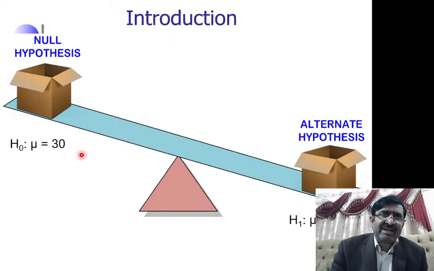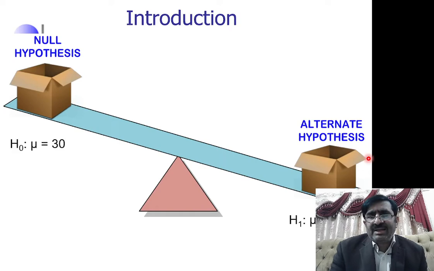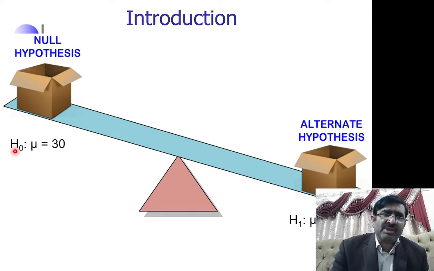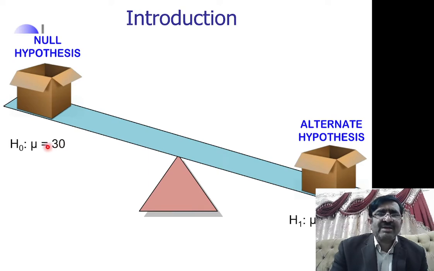Now remember that the null and alternate hypotheses are generally represented by H0 and H1. In H0, you can see these boxes are just samples. From these samples, we will say, for example, that your average is coming to 30. It's the population average actually, and we take some sample and its average comes out exactly 30.